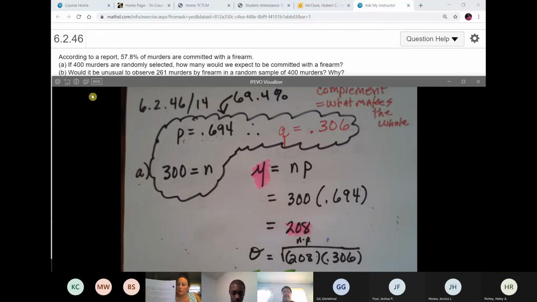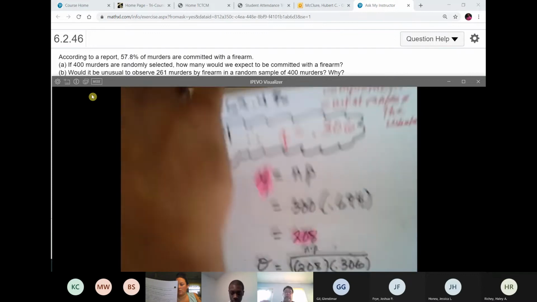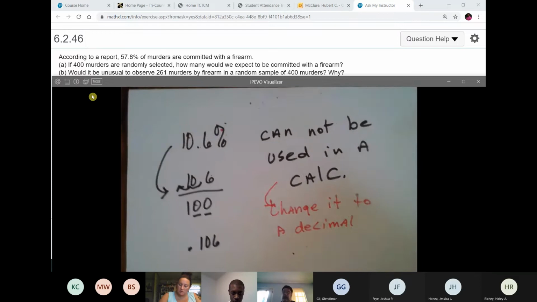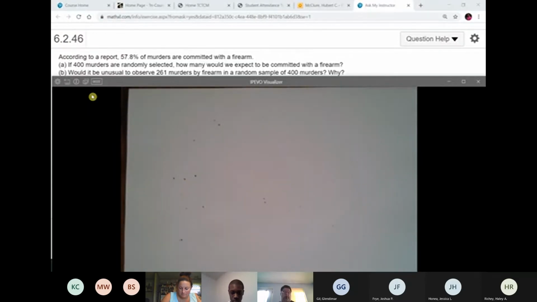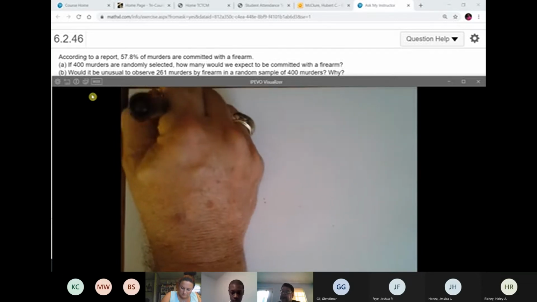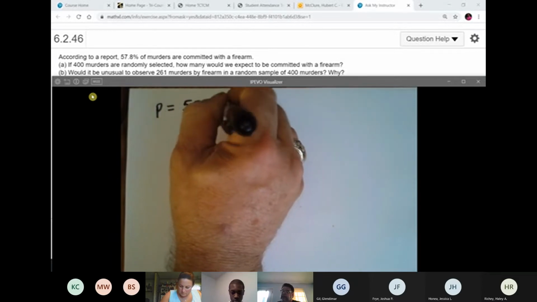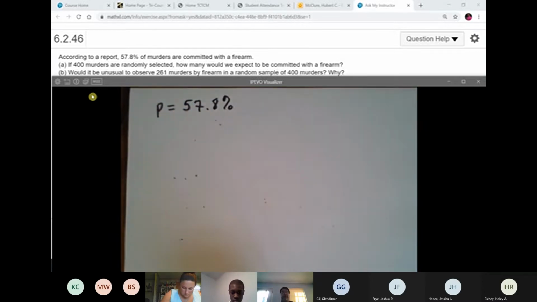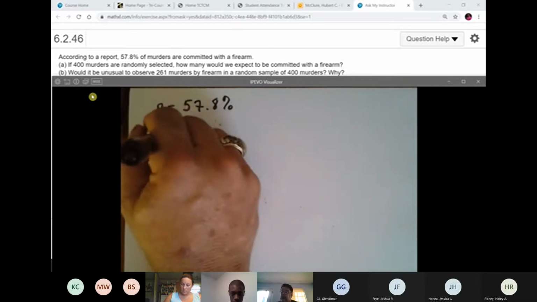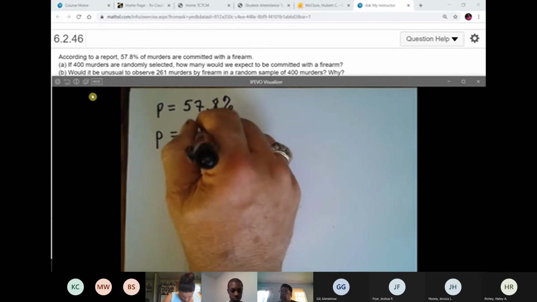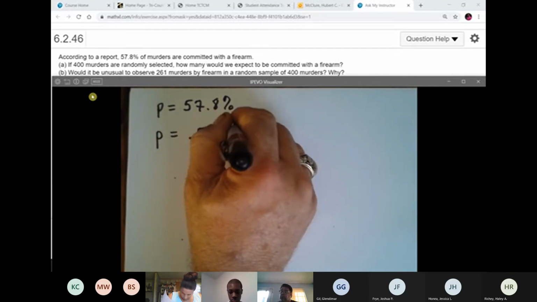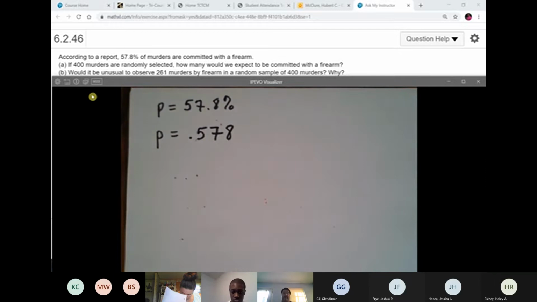Okay, I'm gonna start writing down my stuff. I am not gonna do anything yet. So P is equal to 57.8%, which does us absolutely no good. We'll change it to point what? 0.578.